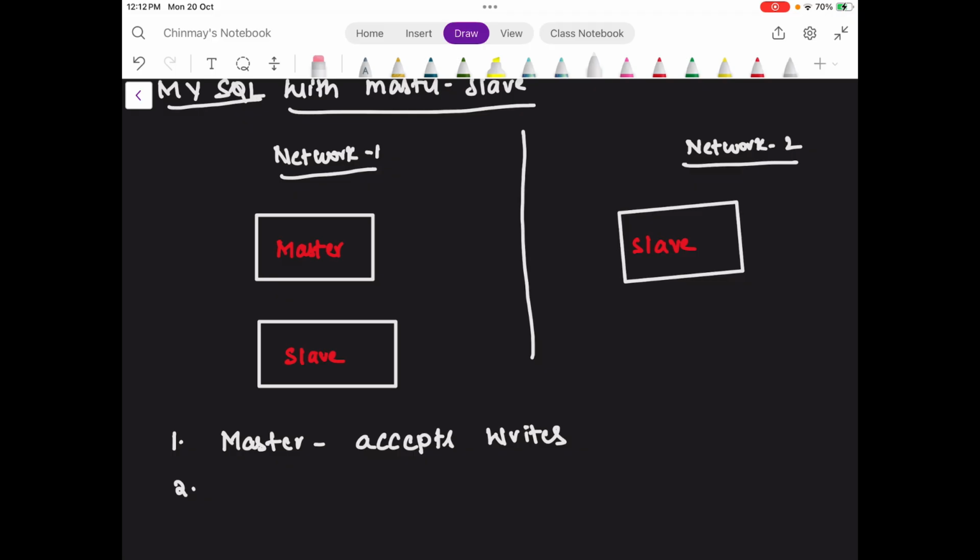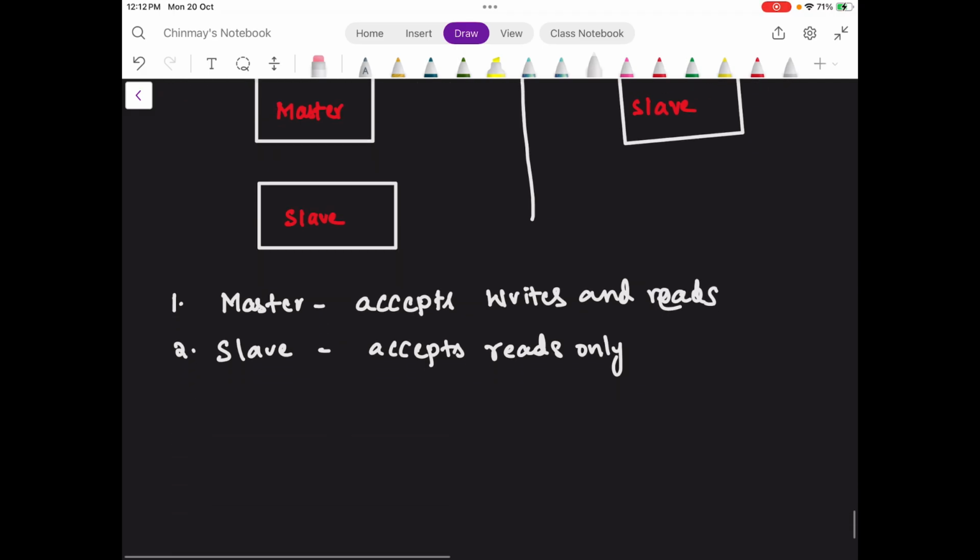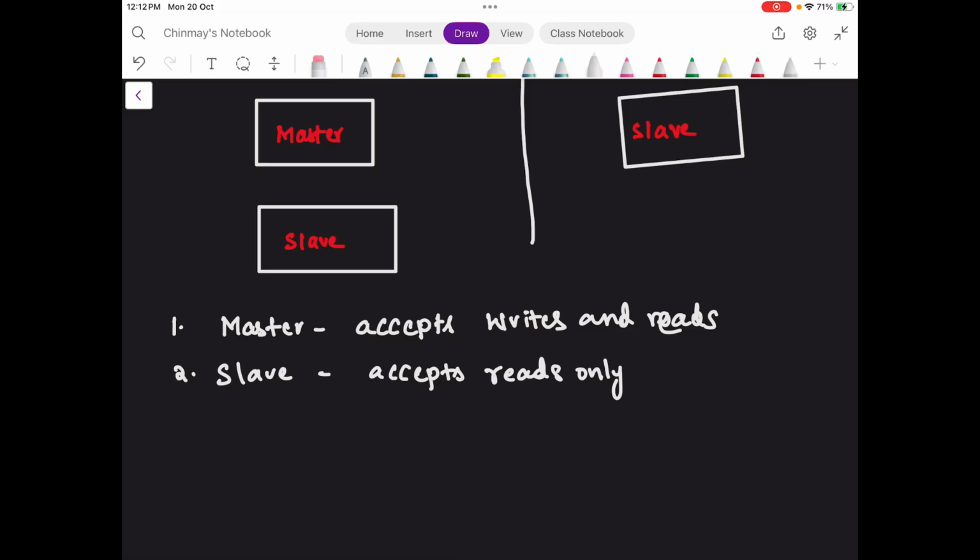Slave nodes accept reads only. Here, writes and reads.